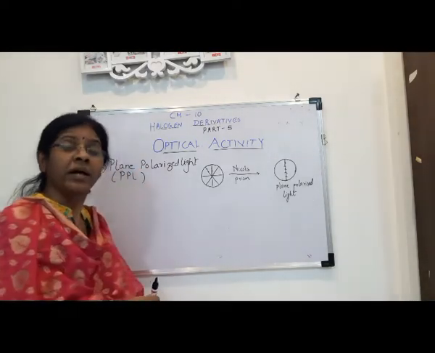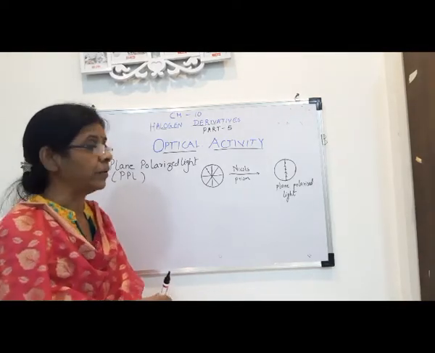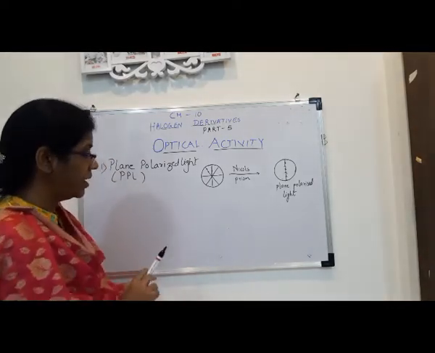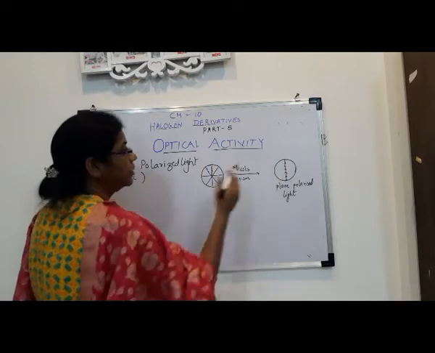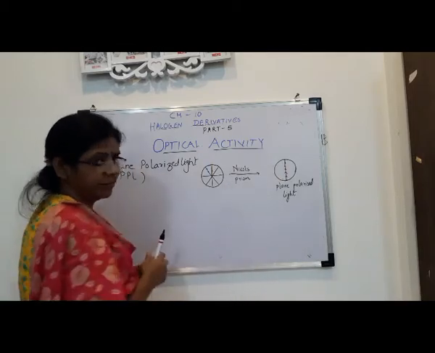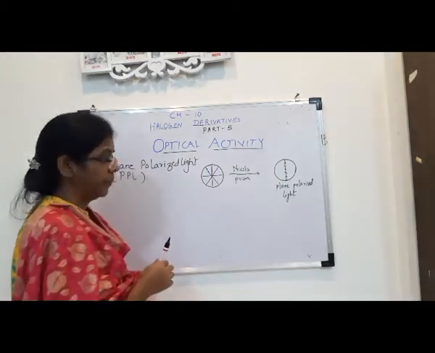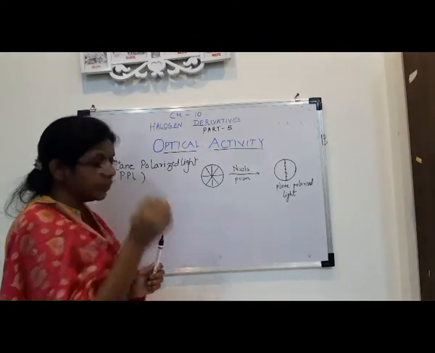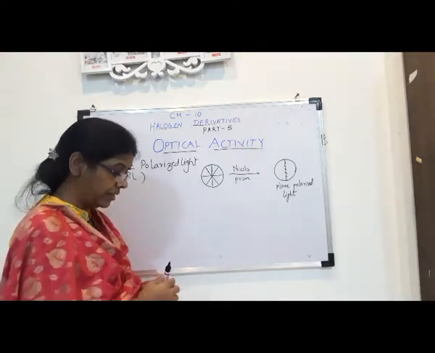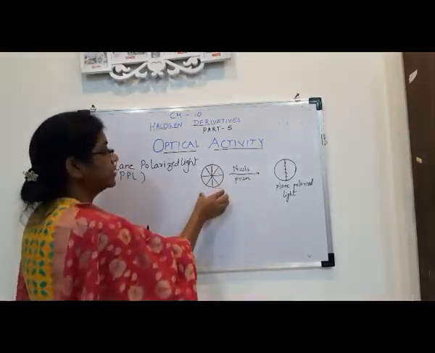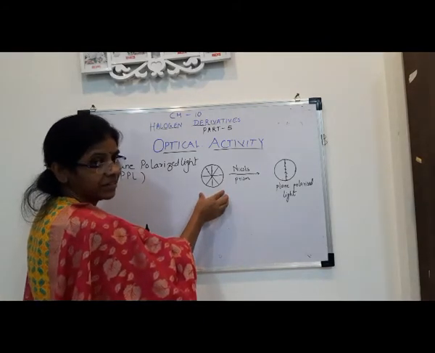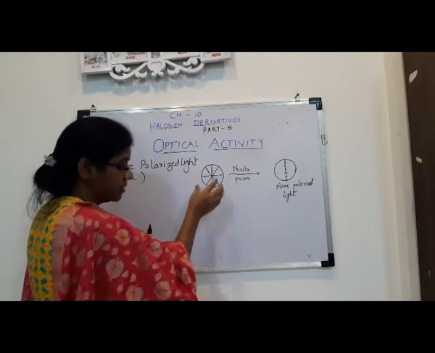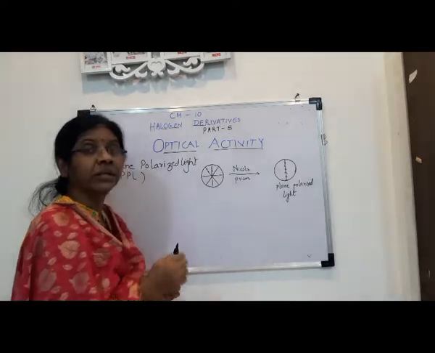In order to understand plane polarized light, I have drawn a rough figure on one side of the board. You are quite aware that this is an ordinary light, or you can say a cross section of an ordinary light.